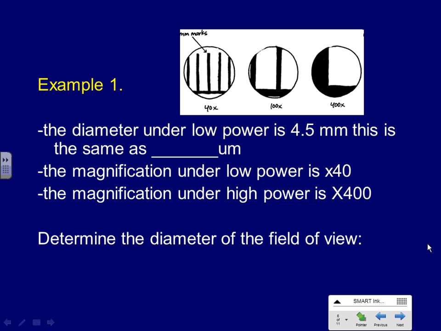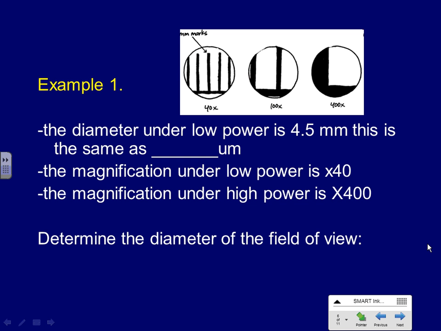Okay? All right. So in this case, we're saying 4.5 millimeters. 1, 2, 3, 4, and a little bit, and a little bit. So we have to make an estimation. We say it's about 4.5 millimeters in that field of view. Now, when we get to higher fields, a millimeter is a unit that's too big.